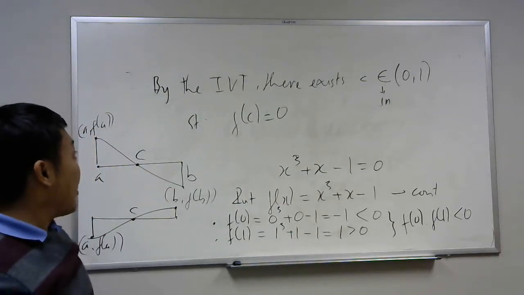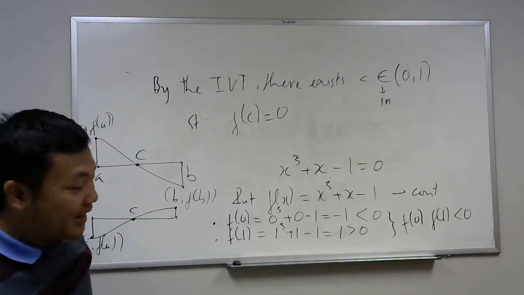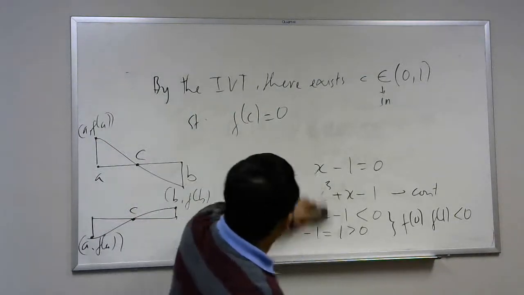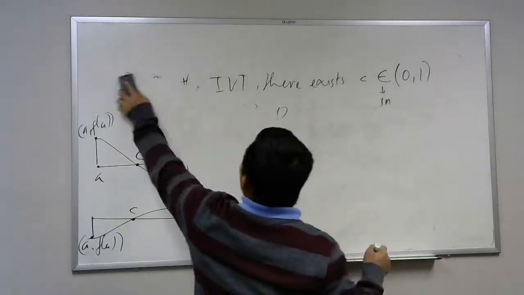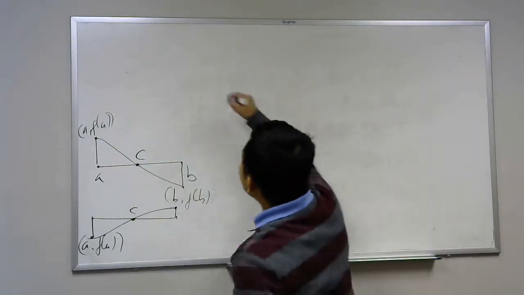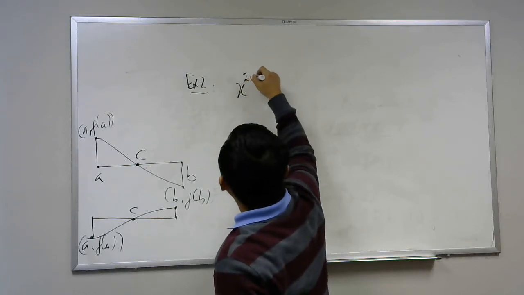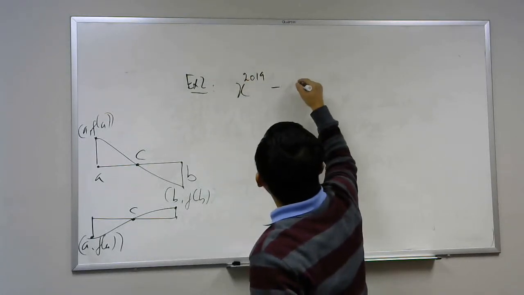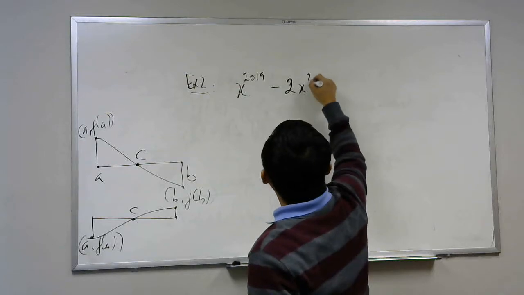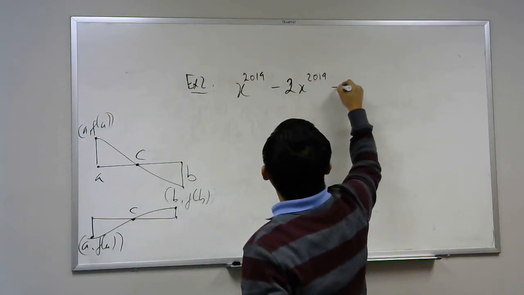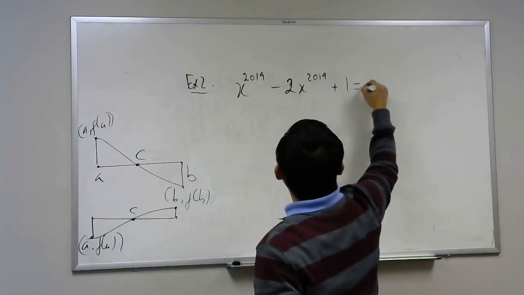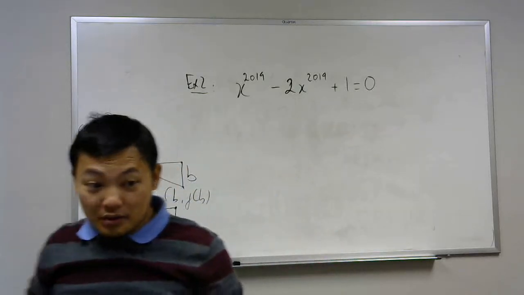Without the IVT theorem, I don't know how to solve that, right? Let's say example 2: x to the 2019 minus 2x to the 2018, plus 1, equal to 0, which is very similar to the previous example.